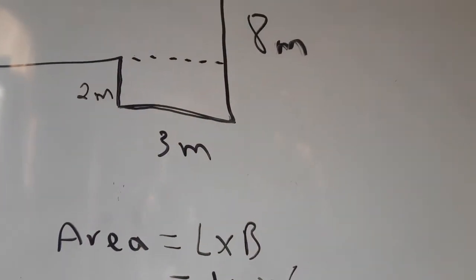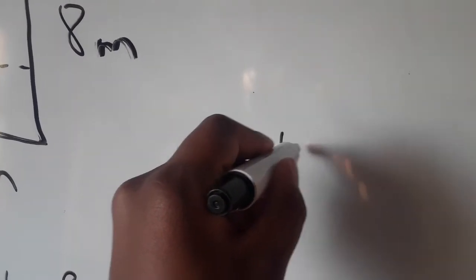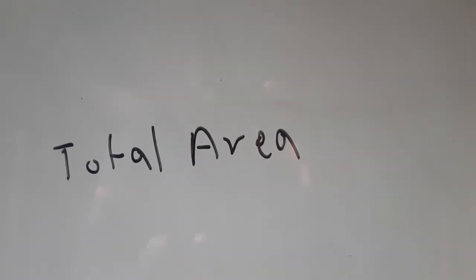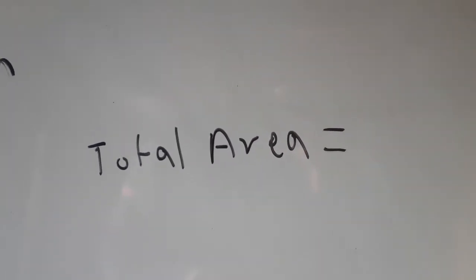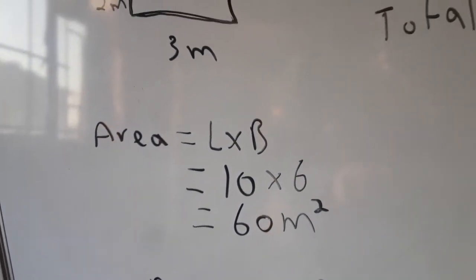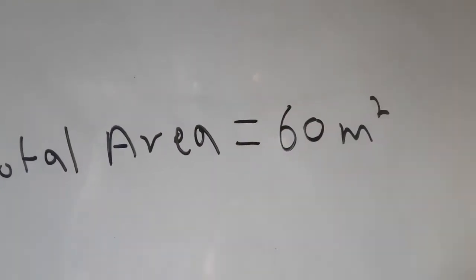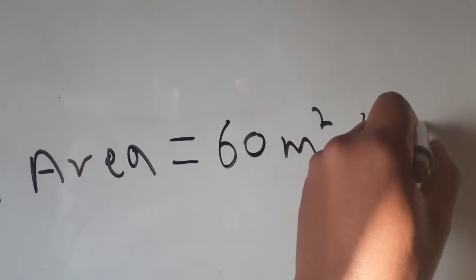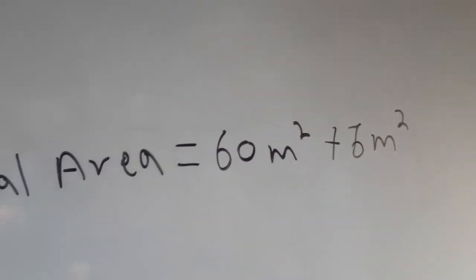So then we'll have the total area, which is the area of the floor. The total area is going to be equal to, we'll add the two areas together. 60 meters squared plus 6 meters squared.